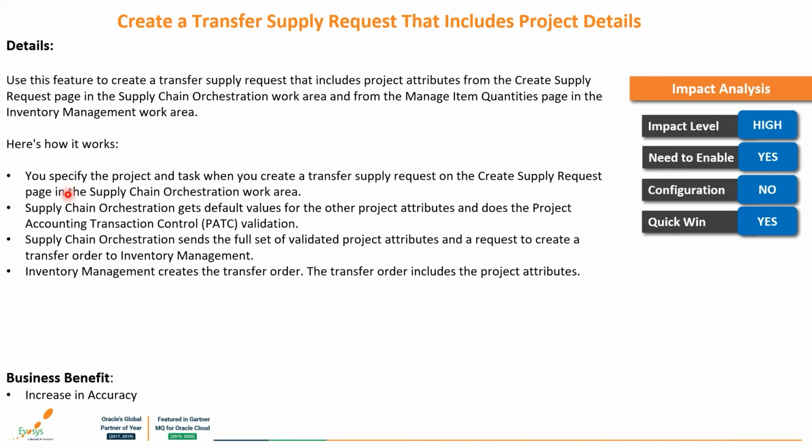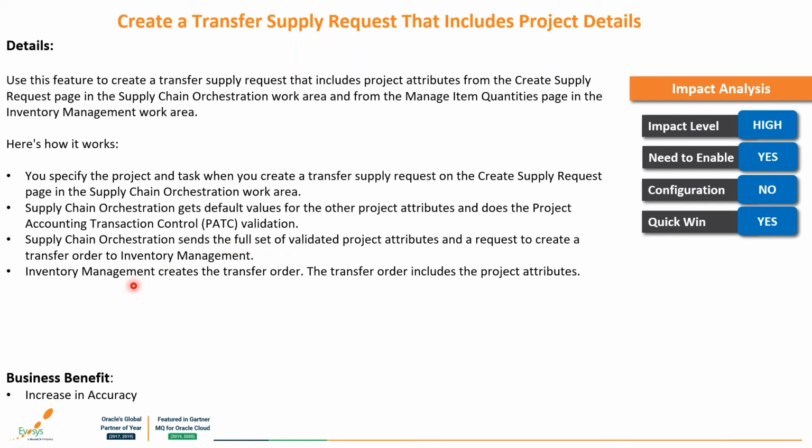For example, we can specify the project and the task when we create the transfer supply request. The supply chain orchestration will default the other attributes of the project.